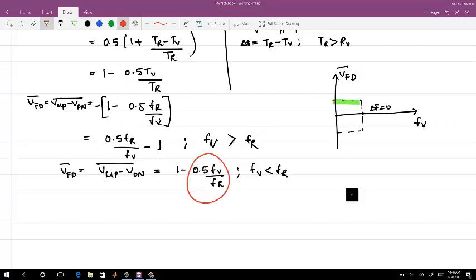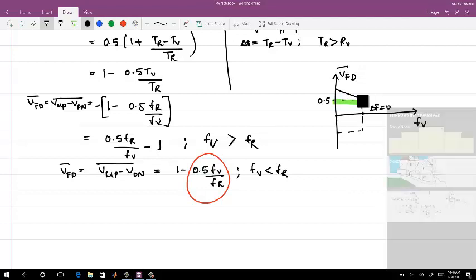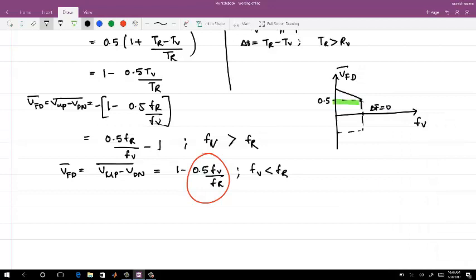Okay, so this is something just like this. And this one is 0.5. Then on the other side of the expression, you see this is inversely proportional to FV, which is something kind of this.